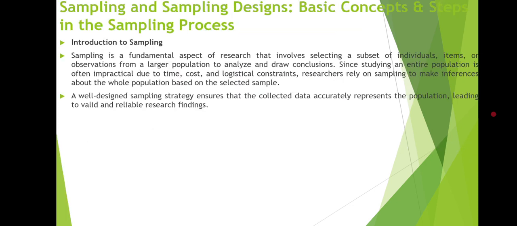sampling. So basically, sampling is a fundamental aspect of research that involves selecting a subset of individuals, items, or observations from a large population to analyze and draw conclusions. Since studying an entire population is often impractical due to time, cost, and logistical constraints, researchers rely on sampling to make inferences about the whole population based on the selected sample.